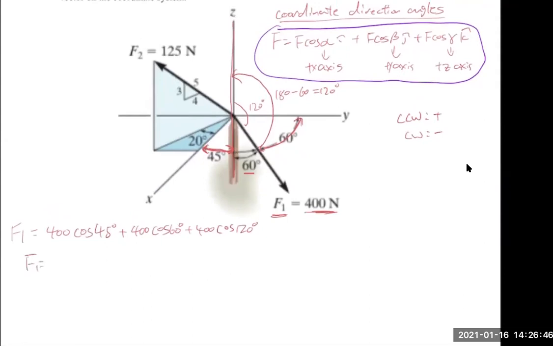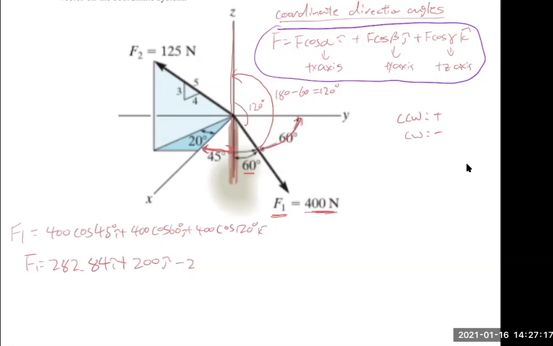Oh, I forgot my i hat, j hat, and k hat. So if I put in the calculator 400 cosine of 45, that equals 282.84 i hat, plus 400 cosine of 60, which is 200 j hat, plus 400 cosine of 120.